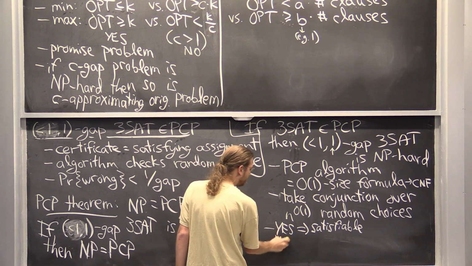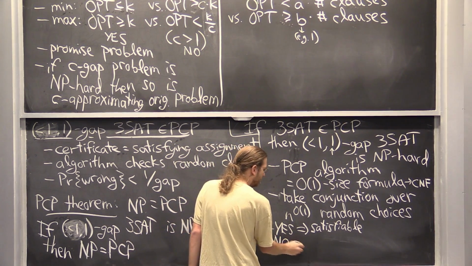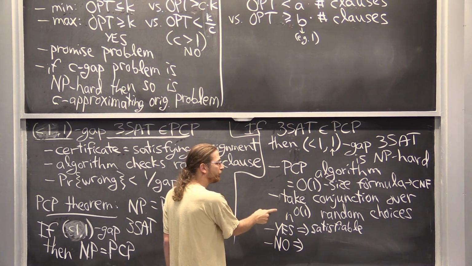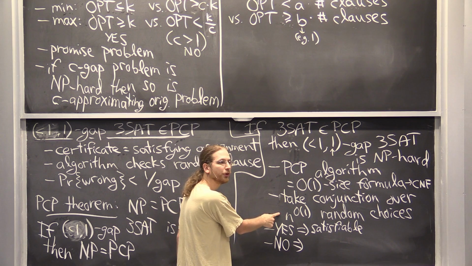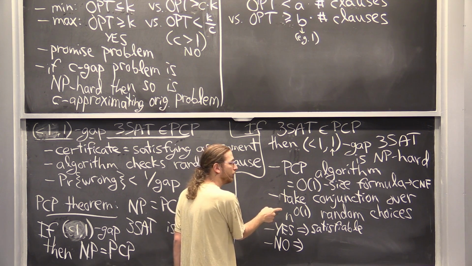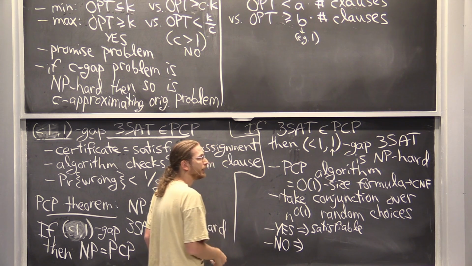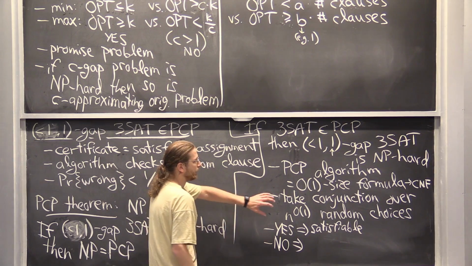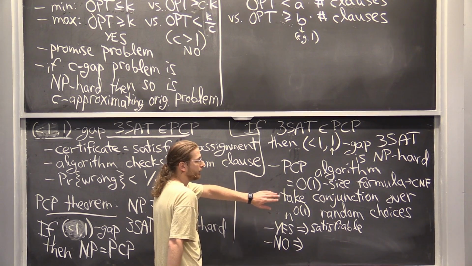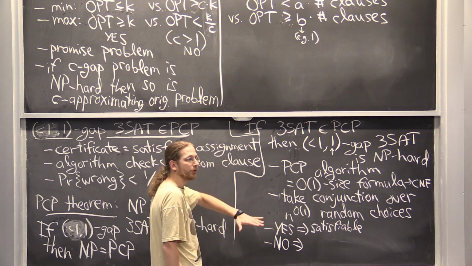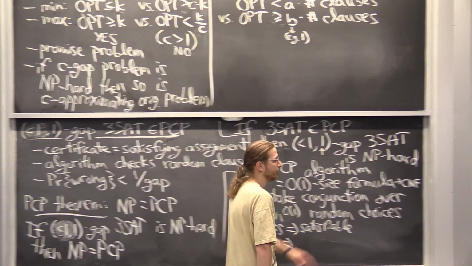In the no case, I know that a constant fraction of these random choices give a no, meaning they will not be satisfied. For any choice, any certificate, I know that a constant fraction of these terms, which I'm conjuncting, will evaluate to false because of the definition of PCP.